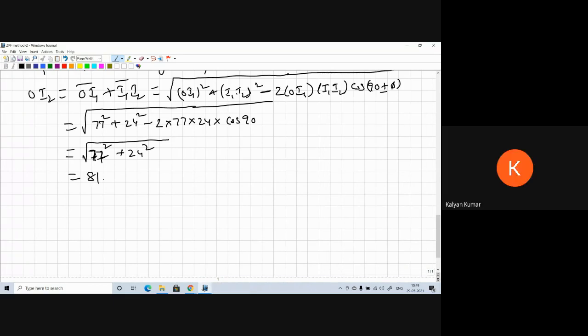You can take it as a round figure, 81, since we can't plot a decimal on the graph. So I am taking 81 amps.